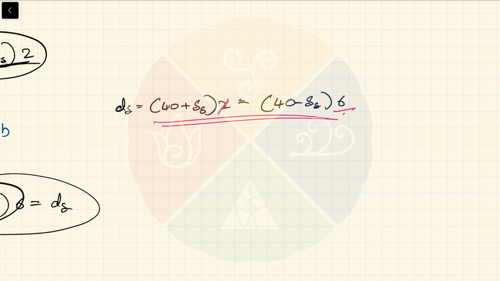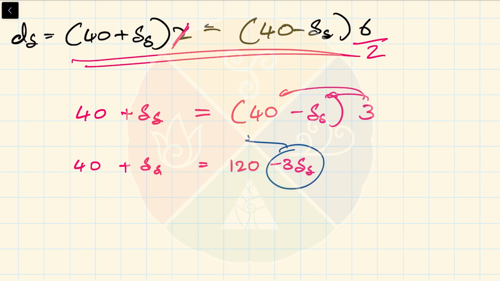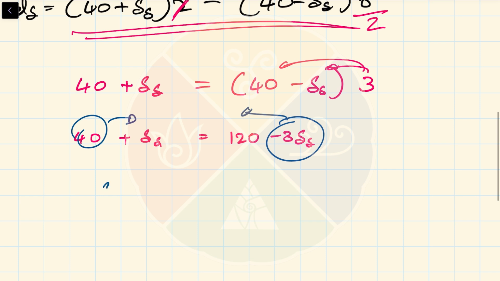I'll take the 2 to the other side, multiplying it inwards. This to the other side and this to the other side.